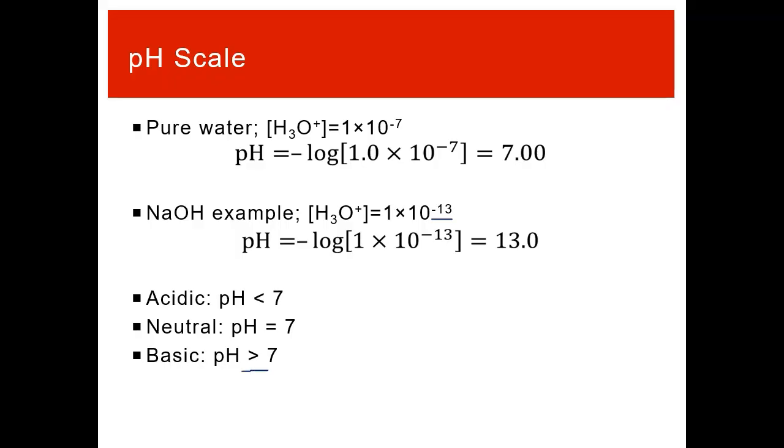So pHs that are greater than 7 correspond to basic solutions, and pHs that are less than 7 correspond to acidic solutions. So we have another way to describe solution acidity. We want to remember those relative descriptions, less than 7, greater than 7.